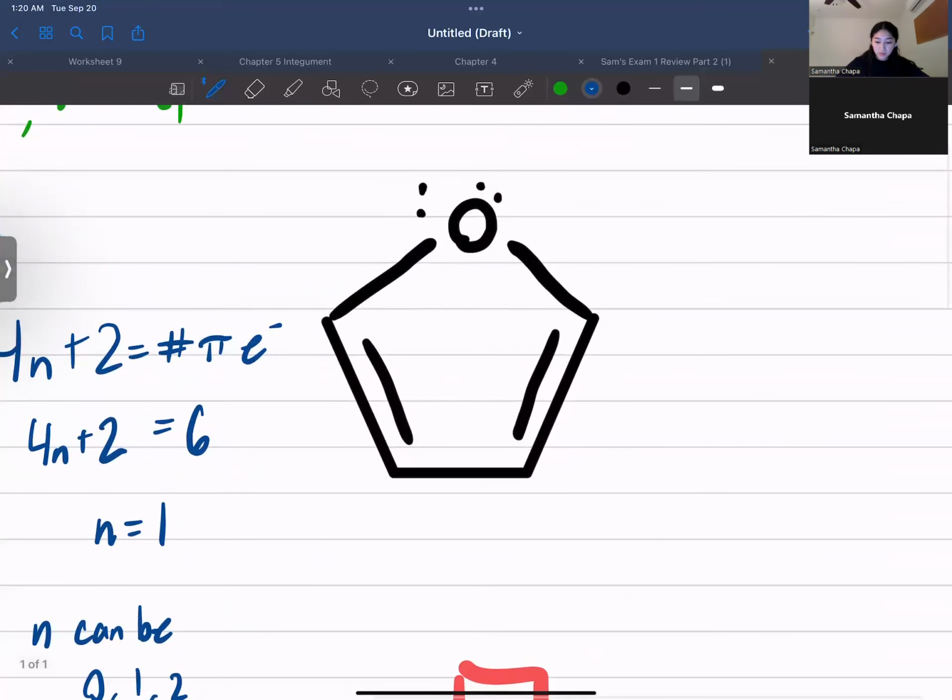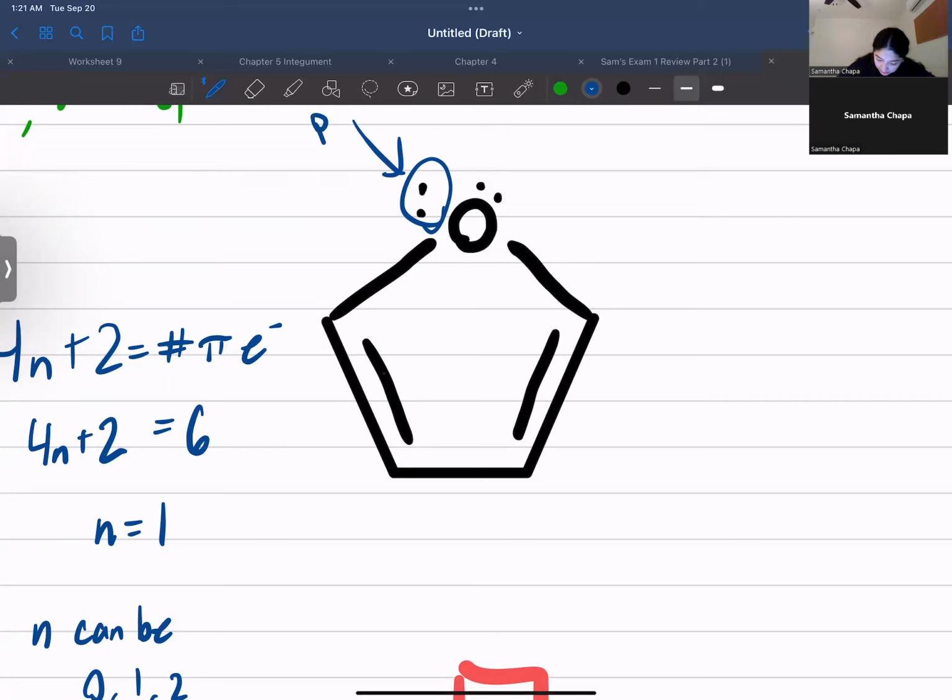We have to determine whether these electrons are in the sp2 orbital or in the p orbital. Since there's no double bond directly on my heteroatom, there's nothing taking over the p orbital, so I am able to resonate this lone pair and it is in the p orbital. These are pi electrons that you can count when you're doing your Hückel's law.